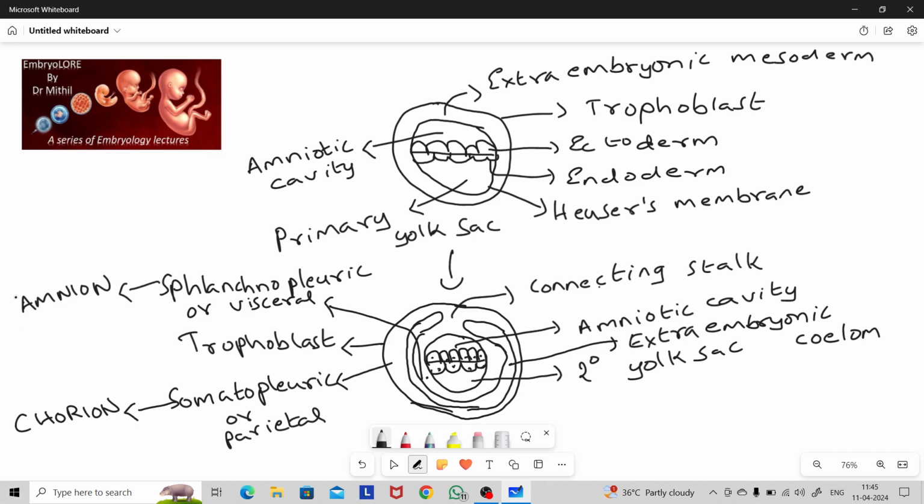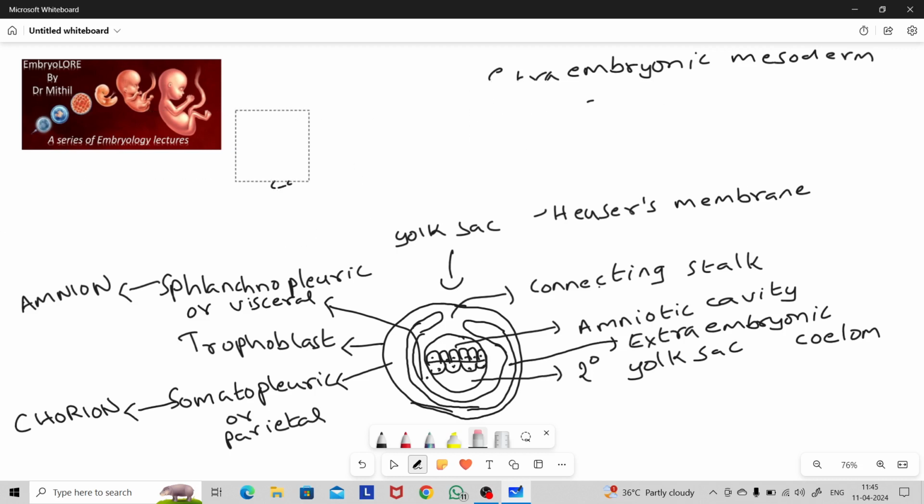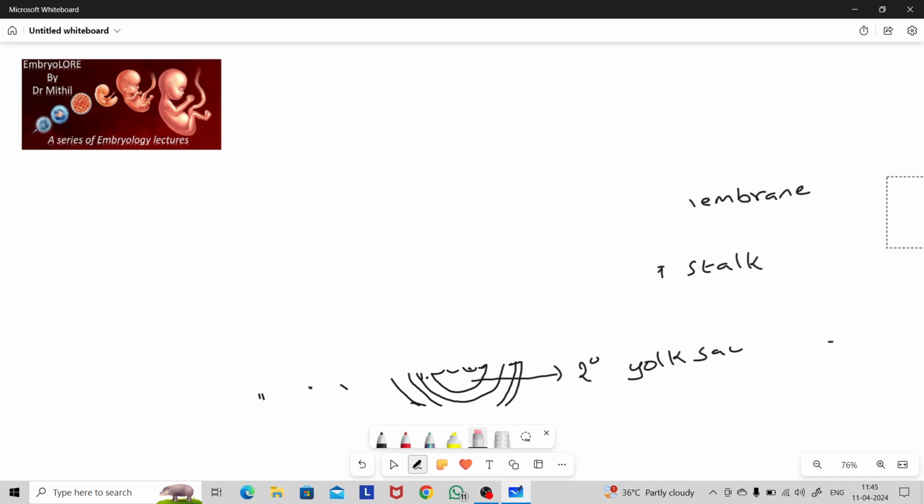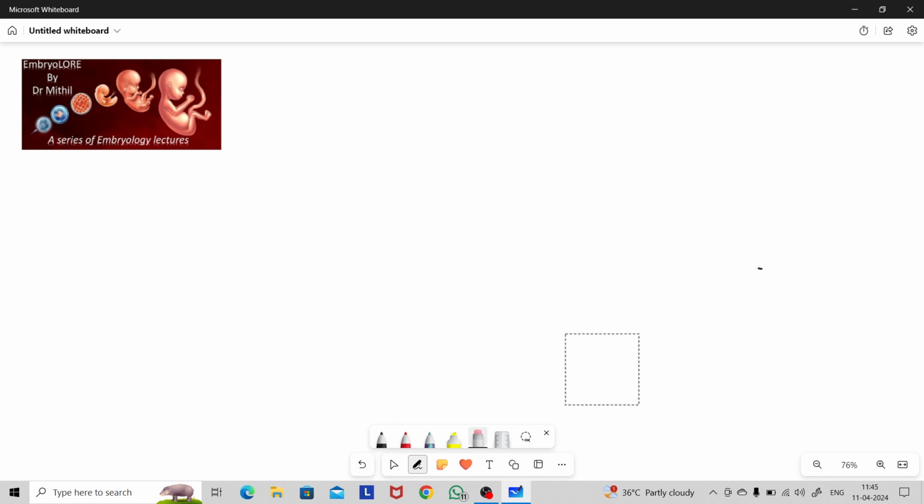After this there will be the formation of the precaudal plate. Let us try to understand that with the diagram. First of all, the first two steps are remaining: the formation of the chorionic cavity.